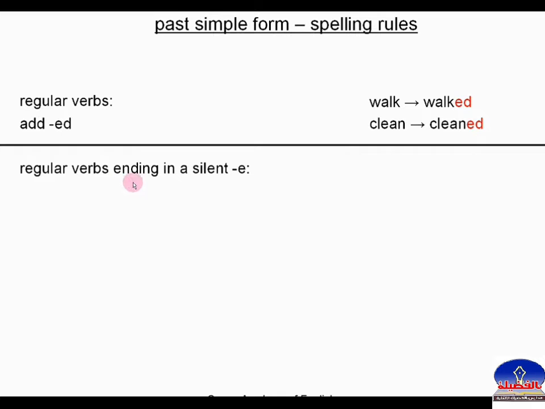For regular verbs which end in a silent e, then we just add a letter d. We do not add ed because there is already an e at the end. Example, die, died. Close, closed, and many others.